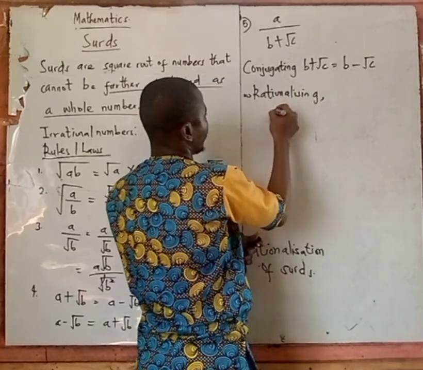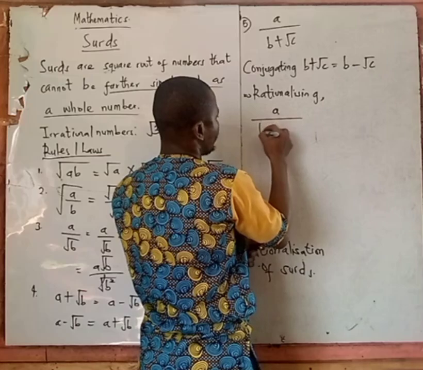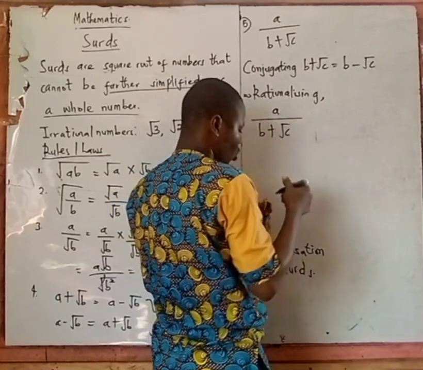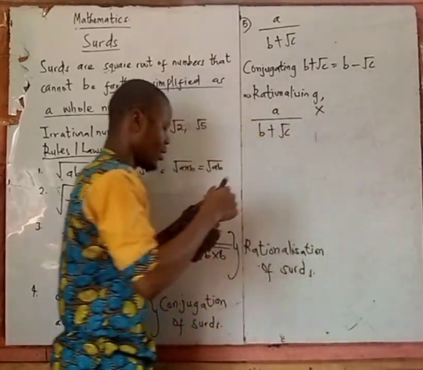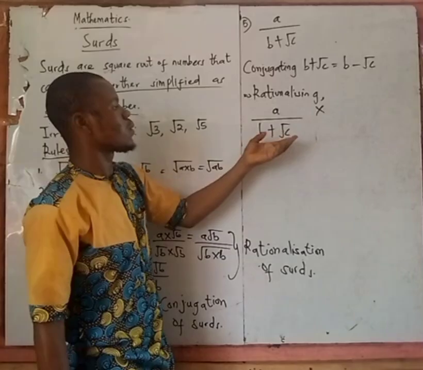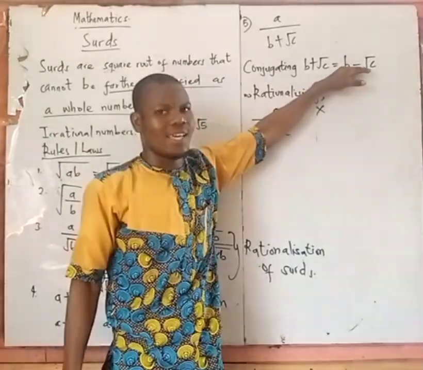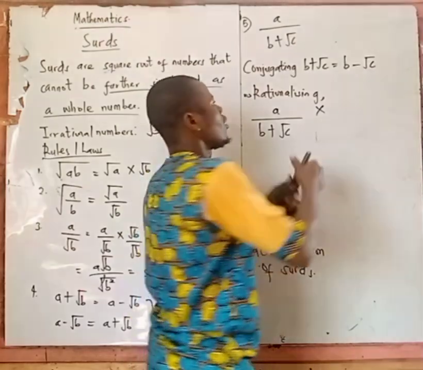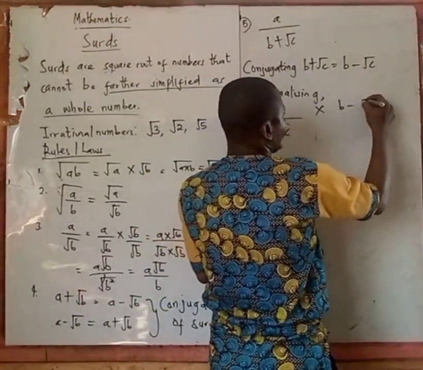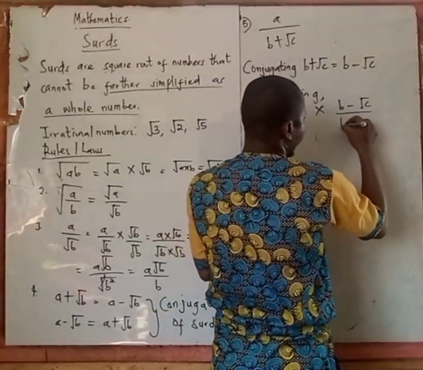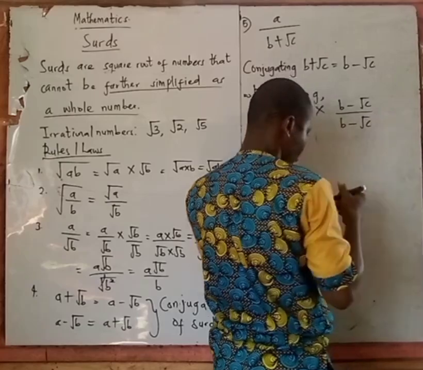So rationalizing, we are going to have a over b plus root c. We are now going to multiply this fraction by its conjugate as a fraction also. So it will now become b minus root c over b minus root c.